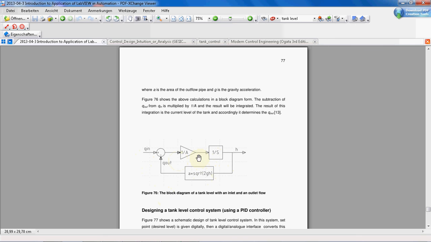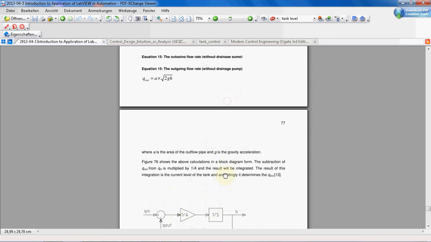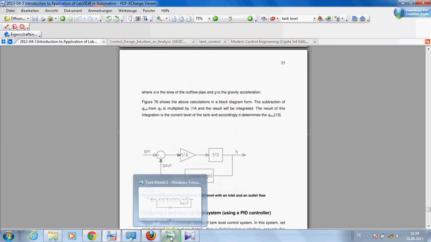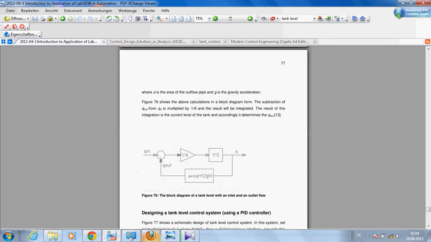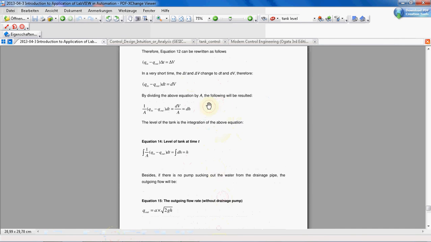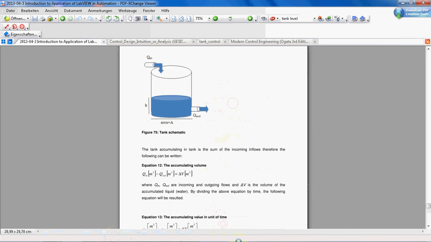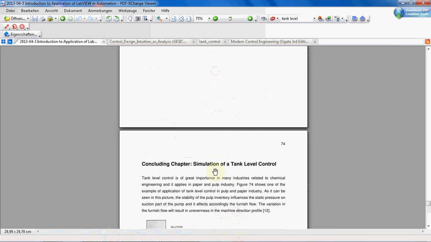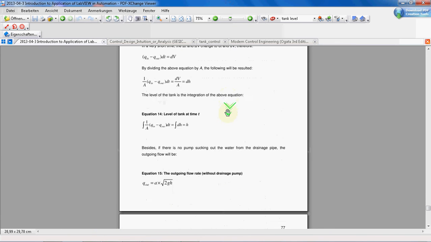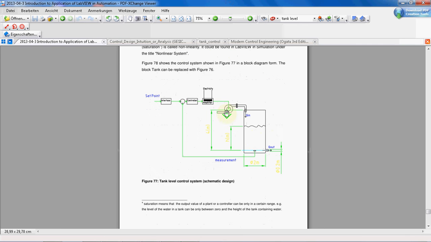This is a tank. Okay, in this video, this is also an example from our book or text. We want to simulate such a system.